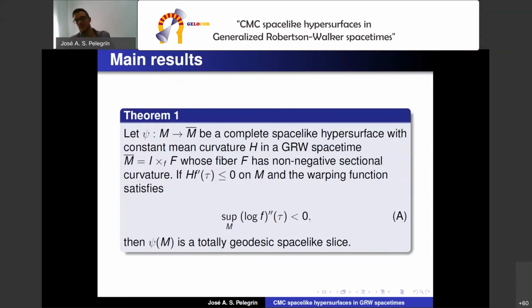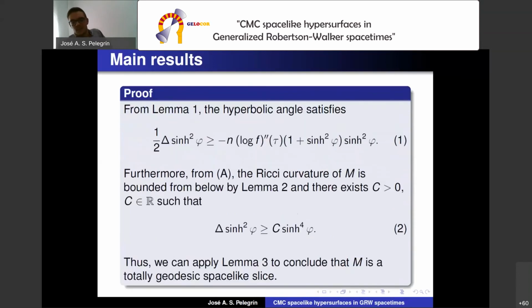And with the help of our three previous lemmas, I can give a sketch of the proof here. Well, first, by using lemma 1 and our assumptions, we end up obtaining that the Laplacian of this square of the hyperbolic sine is bounded by this quantity. And here we have the Laplacian of a function being greater or equal than a positive function, due to our assumption on the supremum of the second derivative of the log of f times the square of this function.